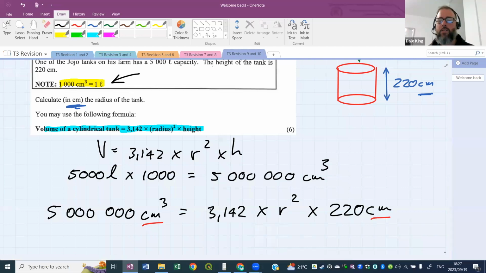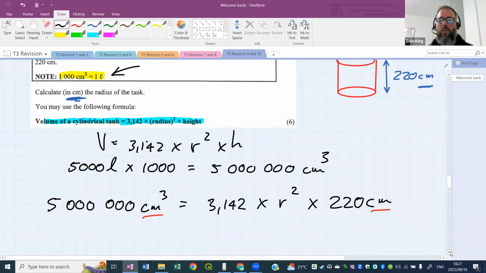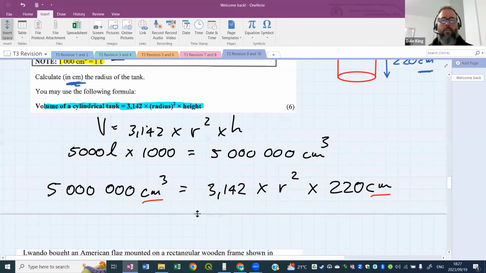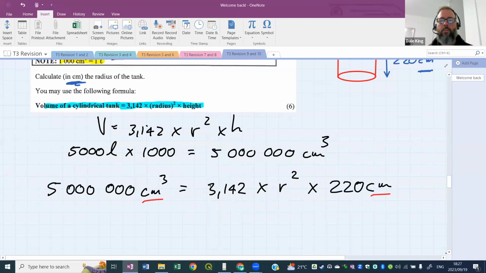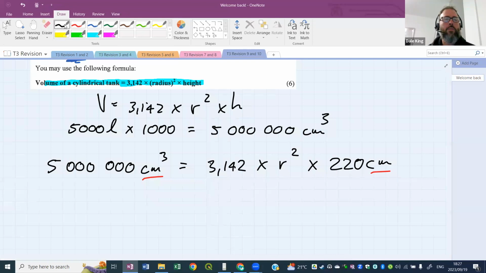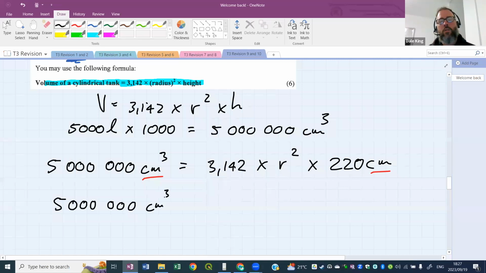Okay, Ben, this is the interesting part. What do I do now? On your right hand side, you times 3,142 by 220. So what Ben's saying is, simplify the right-hand side of this equation and multiply these two numbers together.